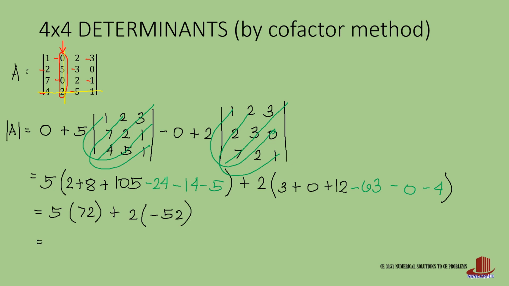So let's see. 5 times 72 plus 2 times negative 52 would be giving us 256. And that would be the determinant of matrix A.